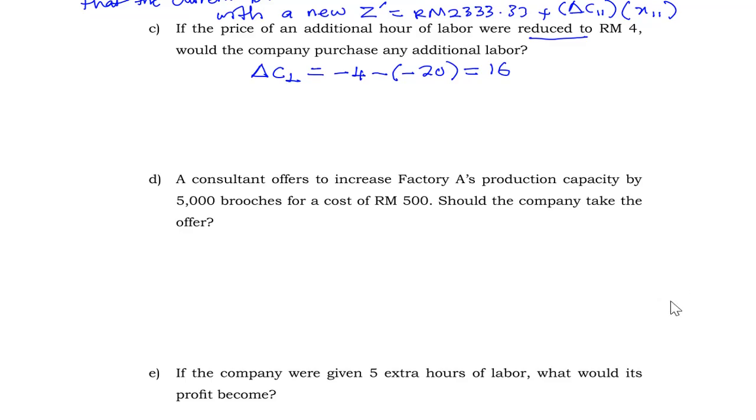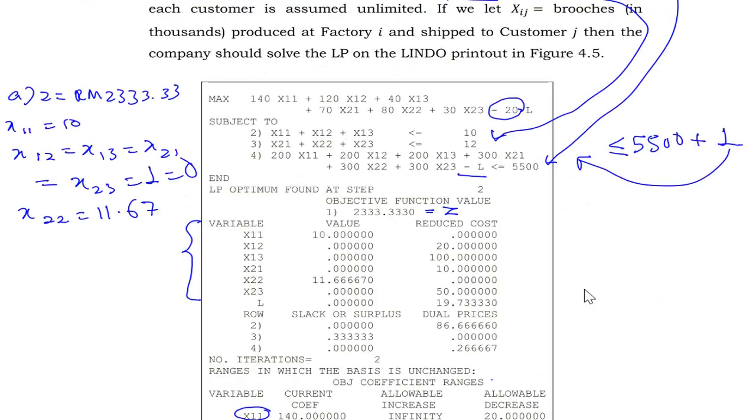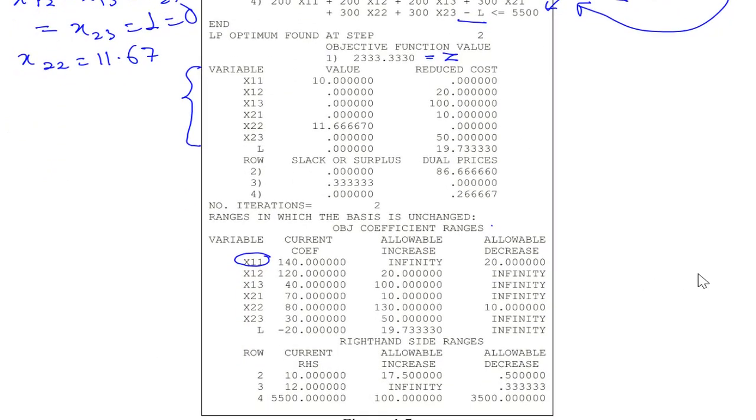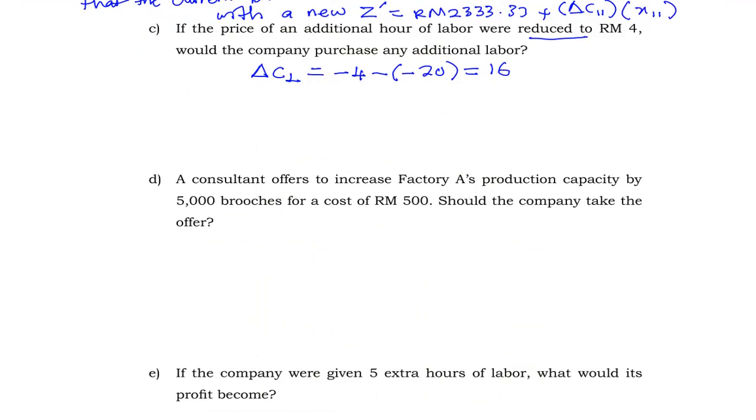From the output here, we can see that the reduced cost for variable L is 19.7333.